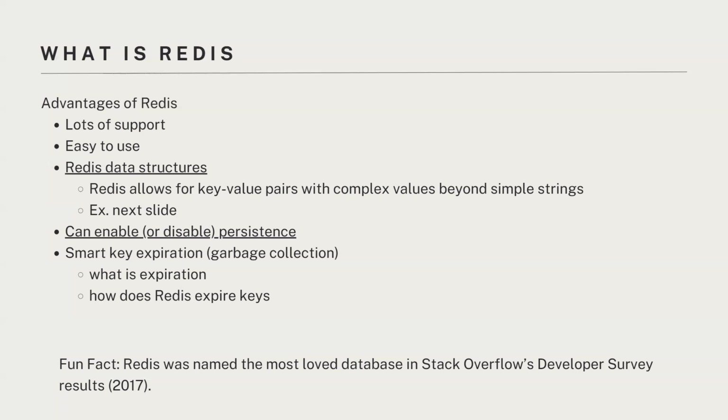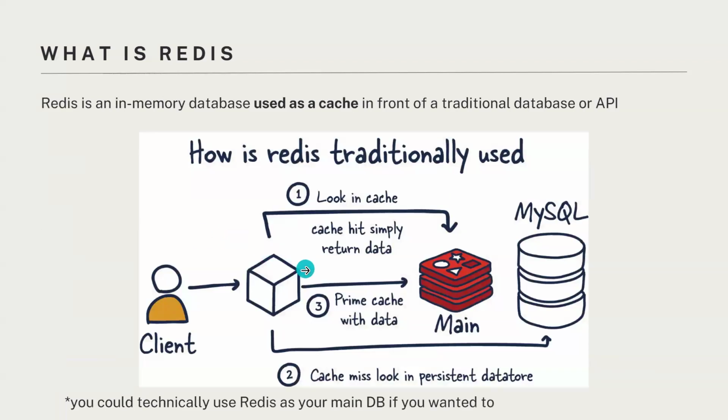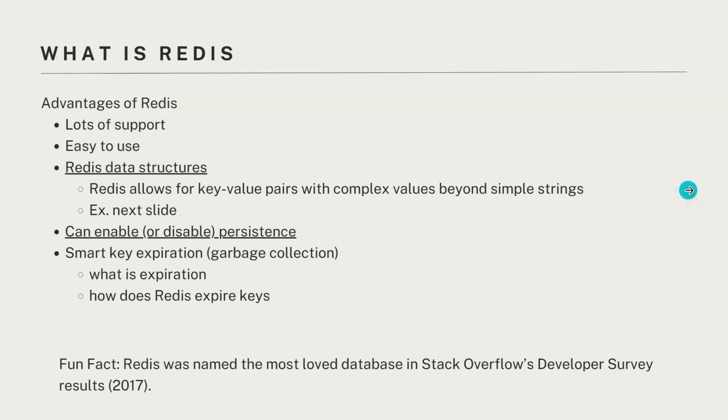A lot of caches have the system where you can expire keys after a certain amount of time. So what that means is, going back to here, when you prime your cache with your data, you can set a time to live or an expiration date, where after a certain amount of time passes, that key gets deleted. Because obviously you're working with memory, you don't want to overload the system.